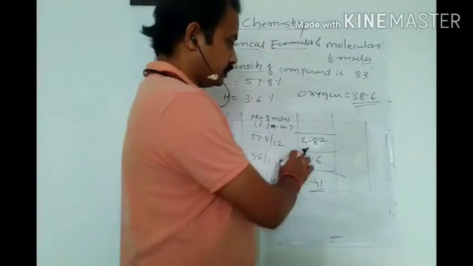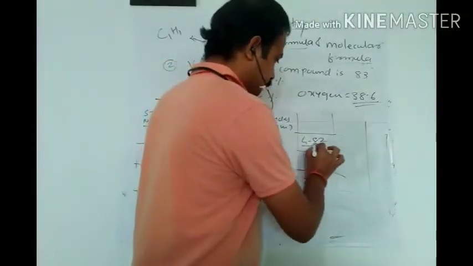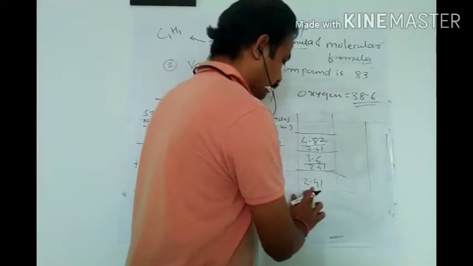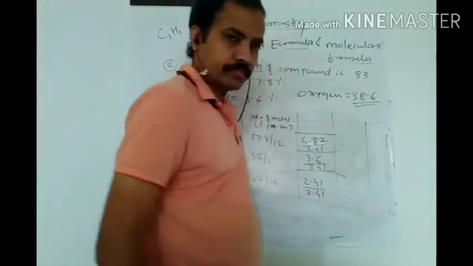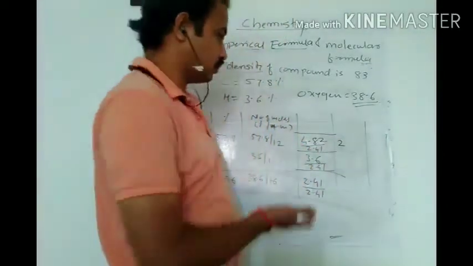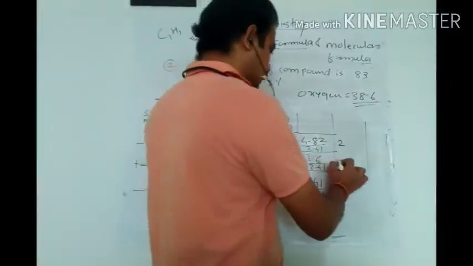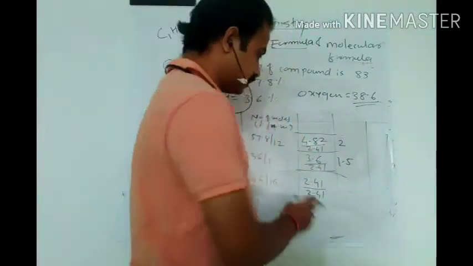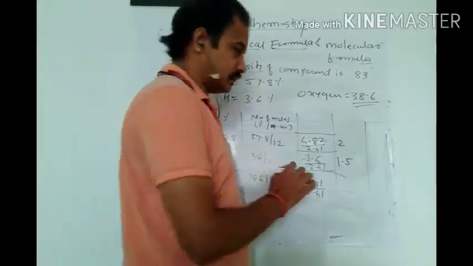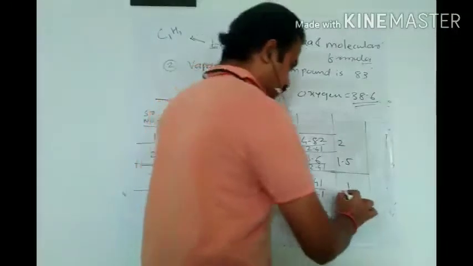So I will divide these three values by 2.41, again using the rounding off principle. Considering the two terms initially, I can guess the answer easily: it becomes 2, then 1.5, then 1. This is how you will get your answer.